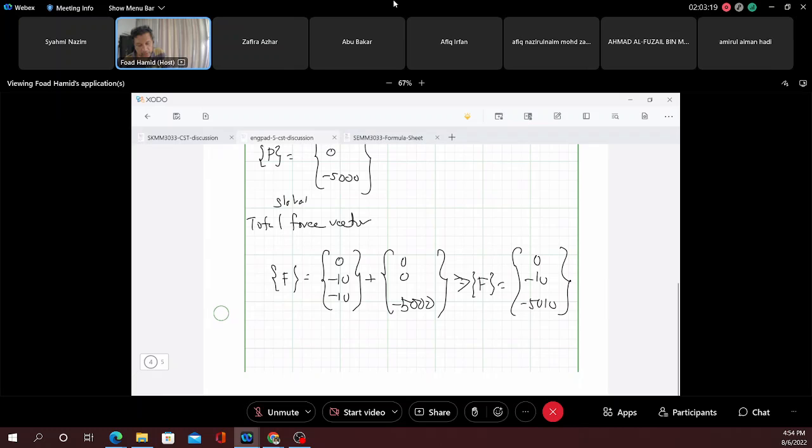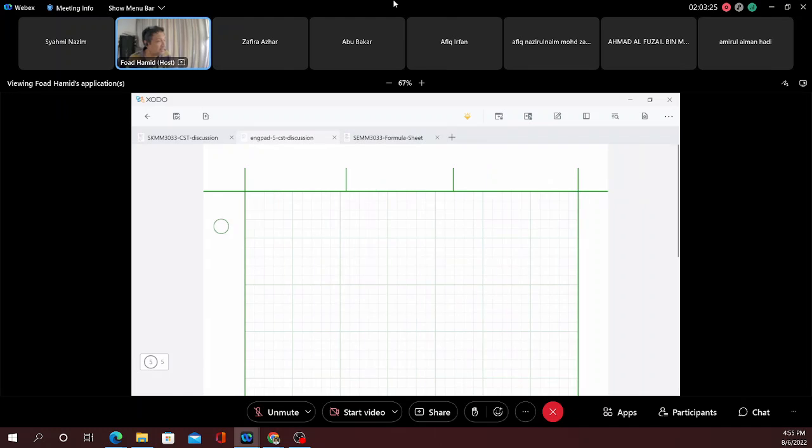So note that this is from the uniform load. This is from the point load. So now we can basically find our global displacement.